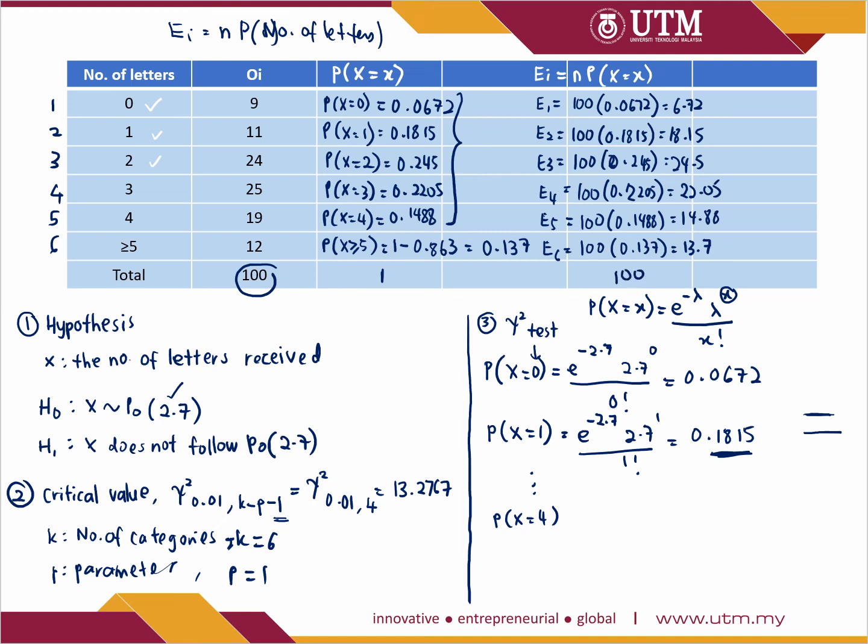Okay, so now we can find the chi-square test statistic by taking the sum of Oi minus Ei, squared, divided by Ei. So Oi is given as 9 minus 6.72, squared, divided by 6.72, and you should get 0.7734.